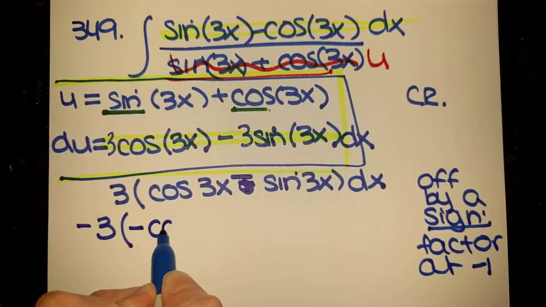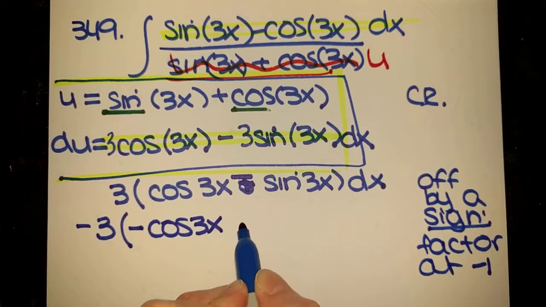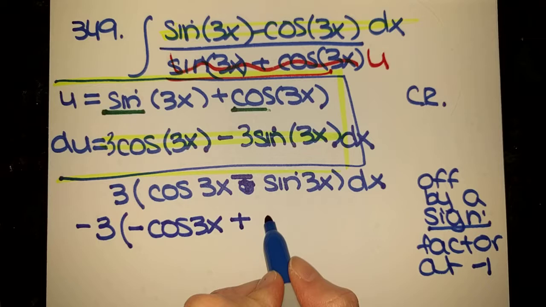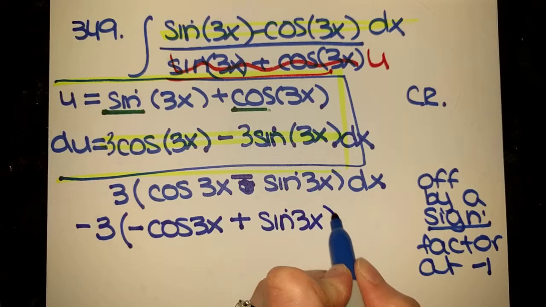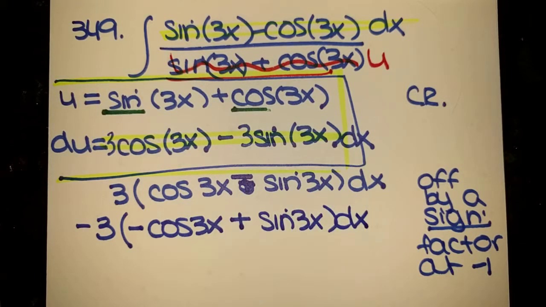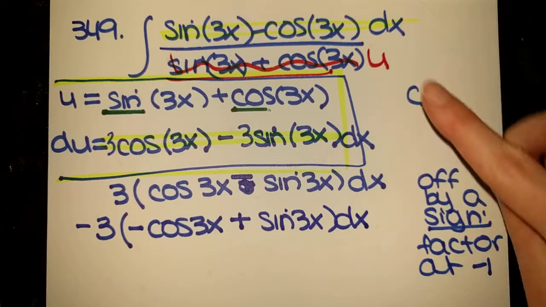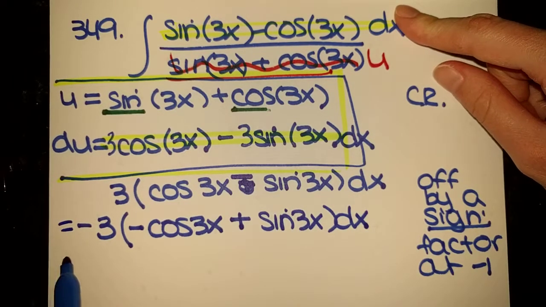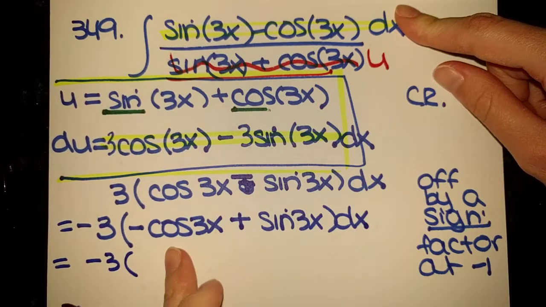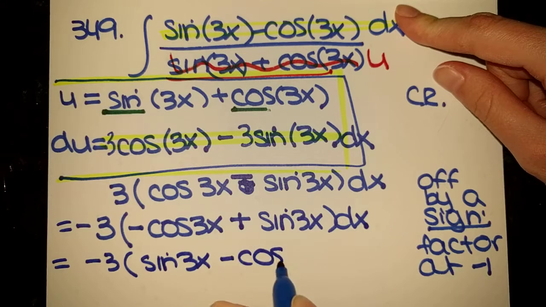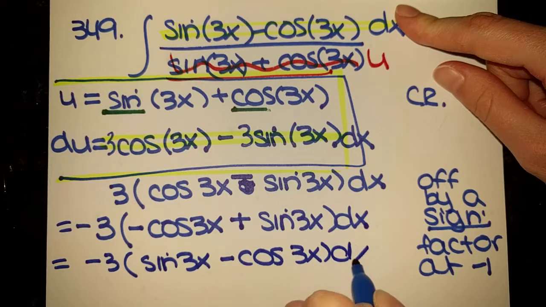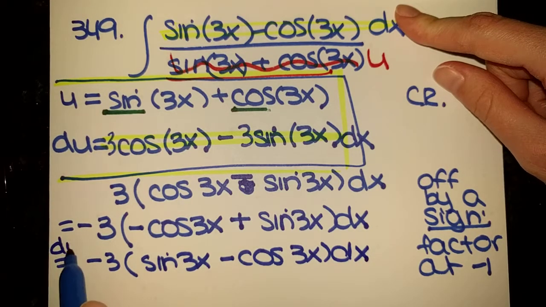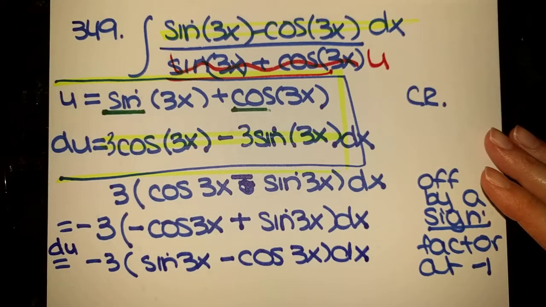So this will become negative cosine of 3x plus, now changing the sign, sine of 3x dx. All right, so at that point, again, we're trying to get this du to look like this numerator so that we can substitute it in. So we could switch this order, that's perfectly acceptable, to get sine of 3x minus cosine of 3x dx. And that is our alternative definition of du.